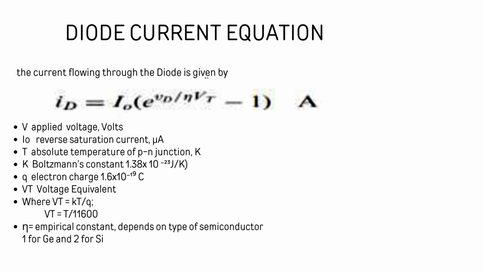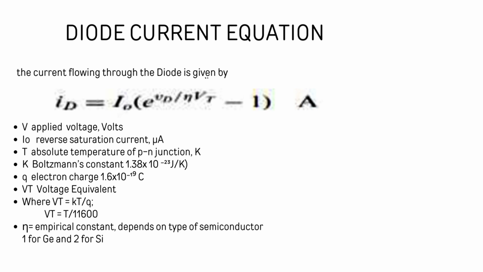Diode current equation. The current flowing through the diode is given by I_D equals I naught times (e to the power V by eta V_T, minus 1), where V is the applied voltage, I naught is the reverse saturation current in microamperes, T is the absolute temperature of the PN junction in kelvins, and K is the Boltzmann constant, which equals 1.38 times 10 to the power minus 23 joules per kelvin.